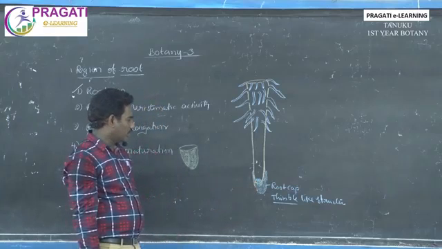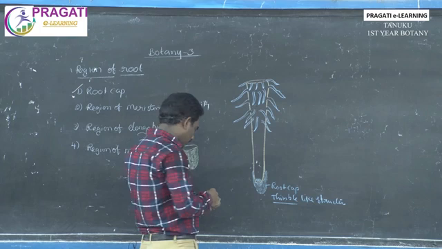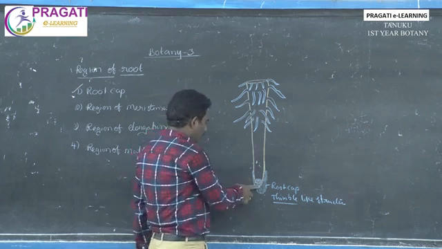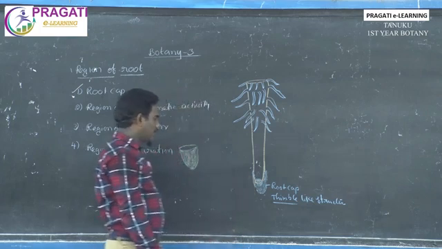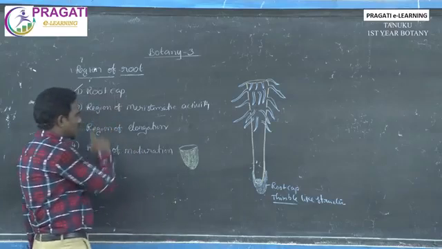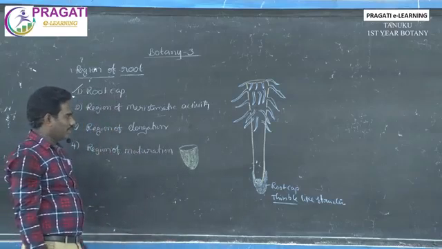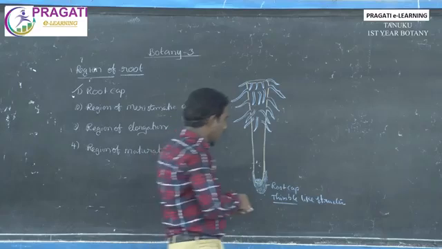A few millimeters above the root cap, there is meristematic activity. Second one, meristematic activity.